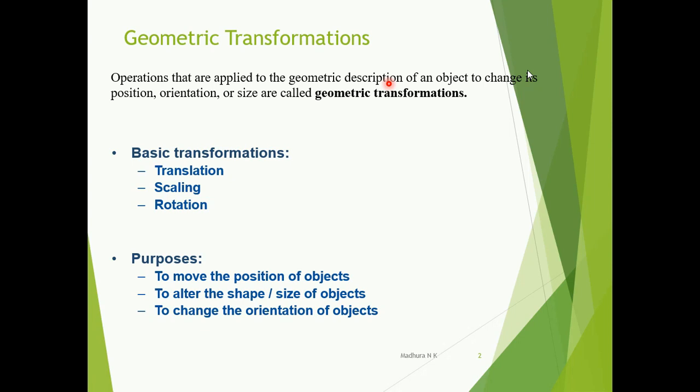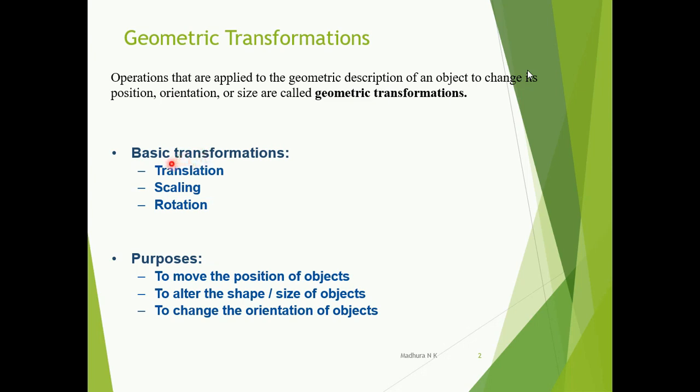For example, for a line, the length of the line is a geometric description, or coordinate information like x1, y1 and x2, y2 position values. These are called the geometric description of the object. We are applying operations on these geometric descriptions of any object.